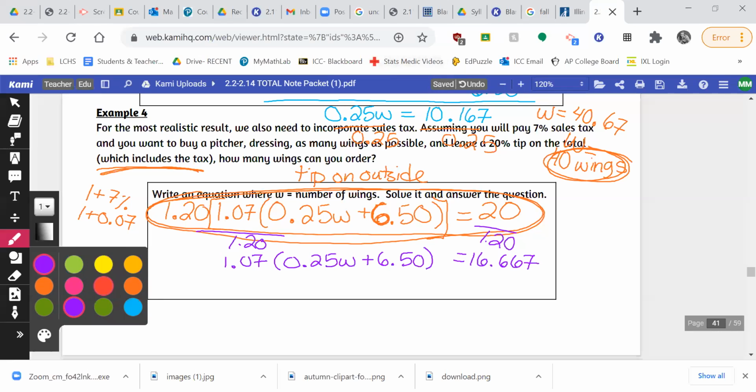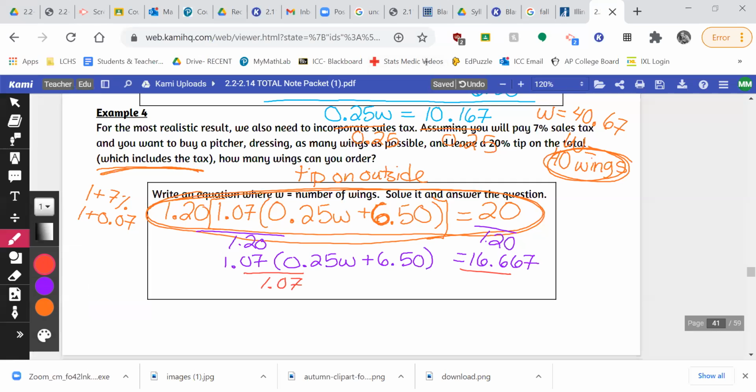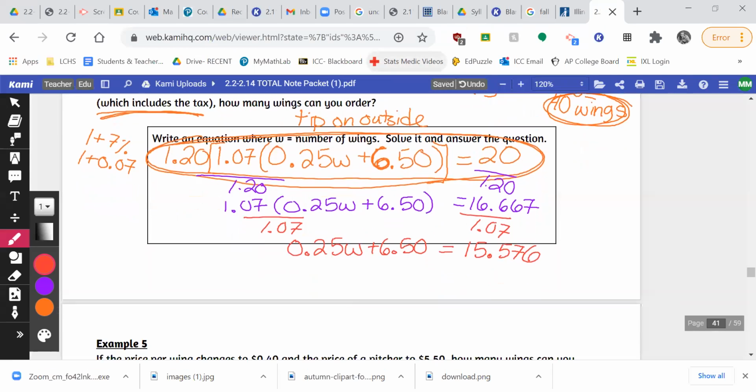Okay, the next thing I'm going to do is divide both sides by 1.07. I still have the 0.25W plus 6.50. And now the right side is $15.576. We'll worry about rounding at the very end.